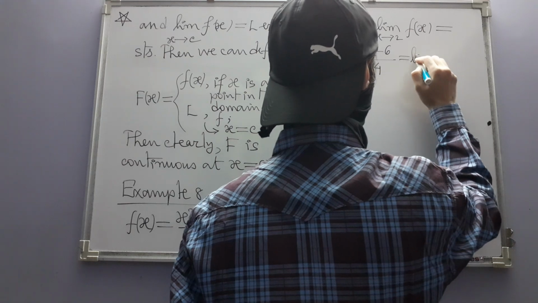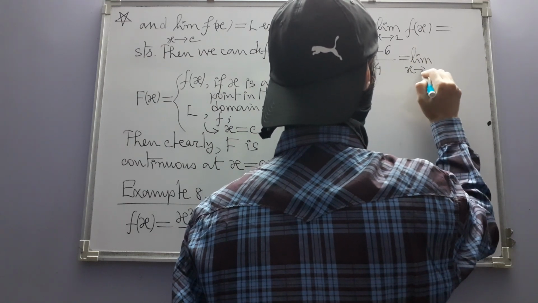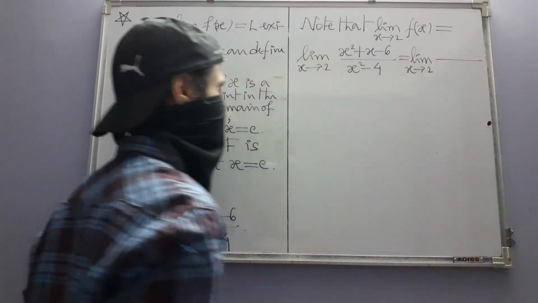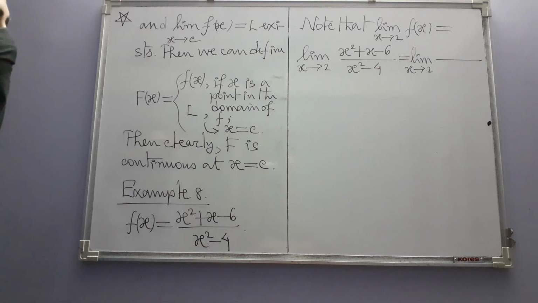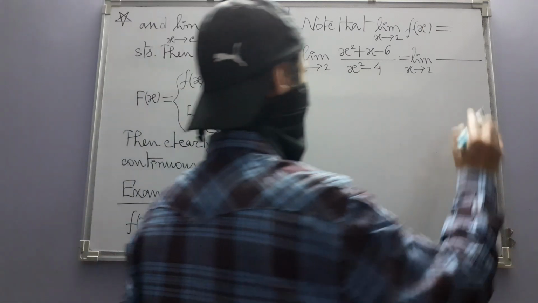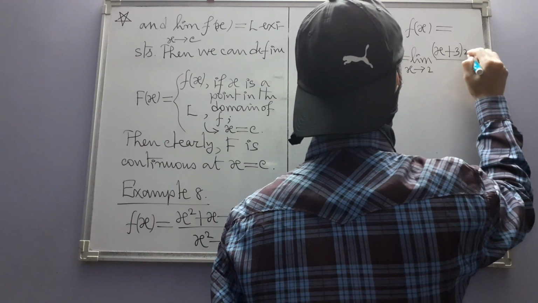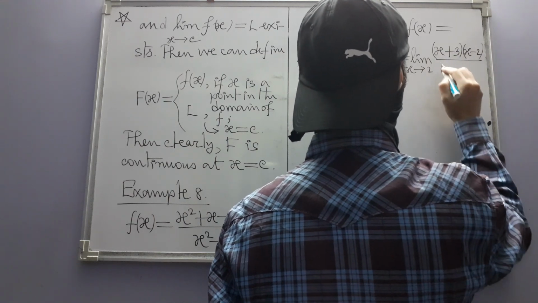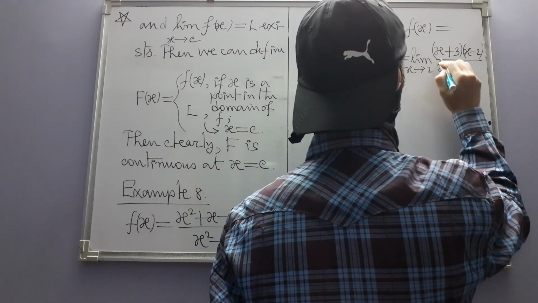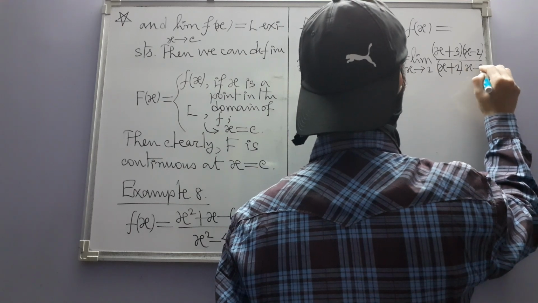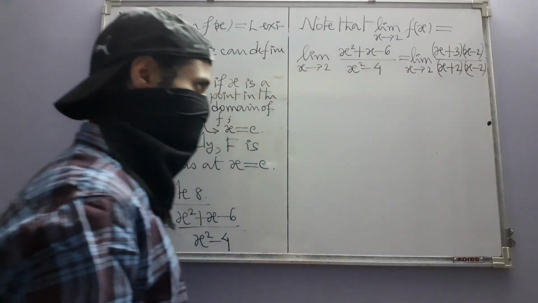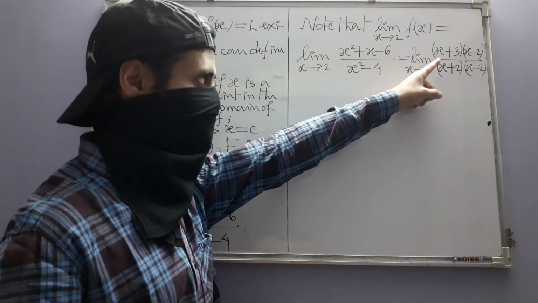And this, if you see, the numerator actually is x plus 3 times x minus 2, and the denominator is x plus 2 times x minus 2, of course. Let me verify.